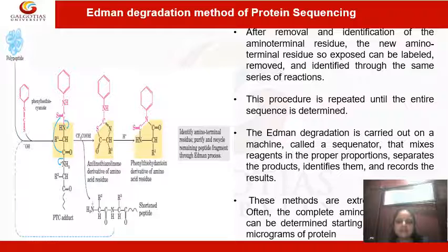This procedure is repeated until the entire sequence is determined. The Edman degradation is carried out on a machine known as a sequencer, that mixes reagents in proper proportion, separates the products, identifies them, and records the result.